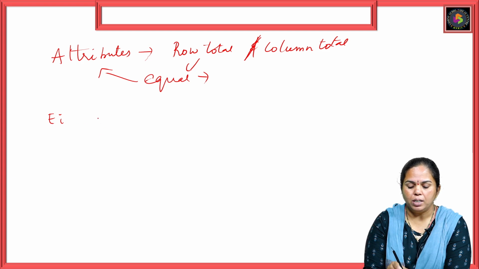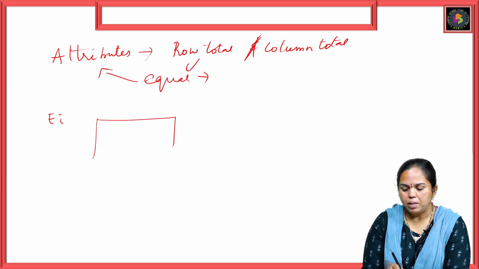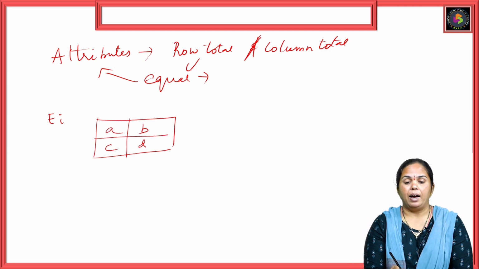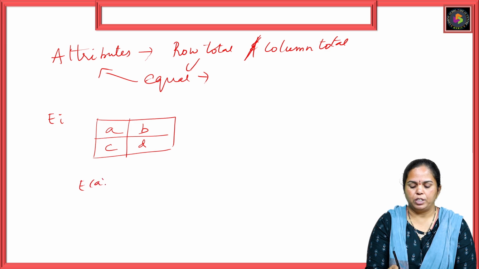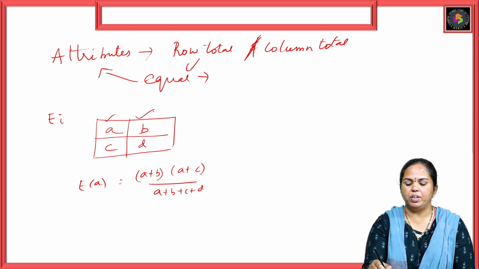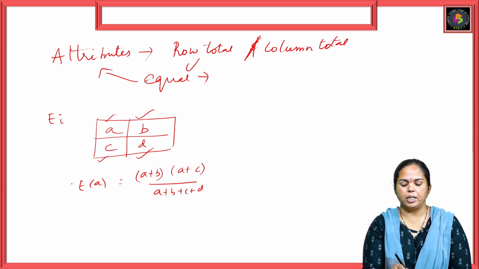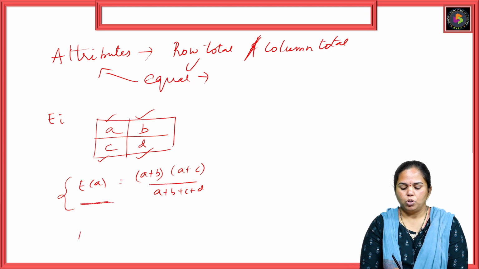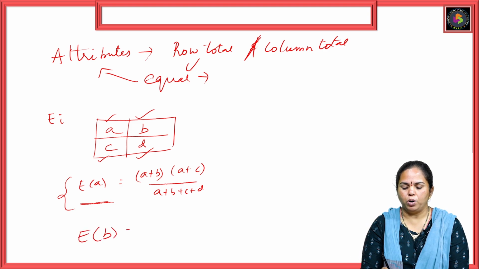Depending upon the contingency table, for example, I'm giving a small example here: A, B, C, D. I will calculate the expected frequency of A: A plus B into A plus C by total frequency A plus B plus C plus D. For each and every cell, I need to calculate the expected frequency in this manner. Now tell me, expected frequency of B is what?